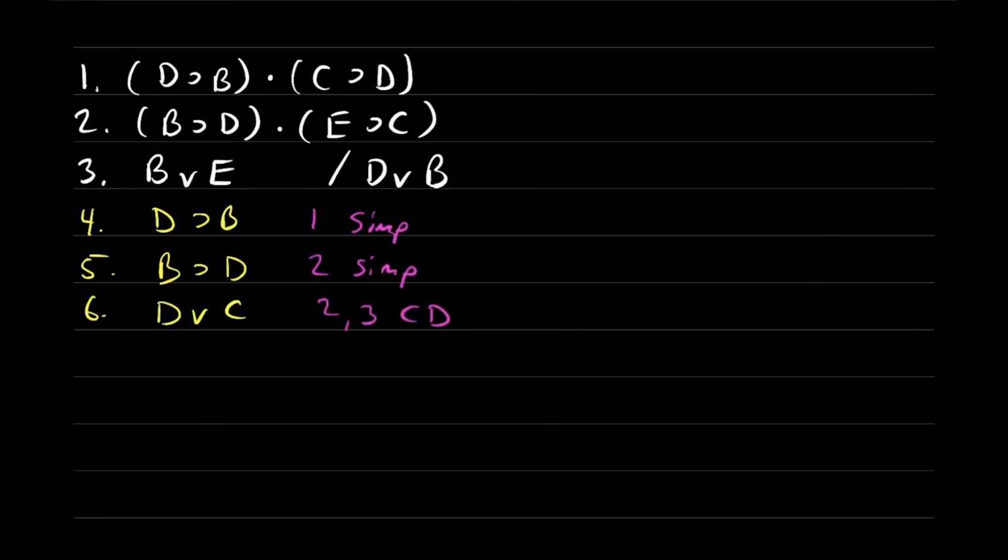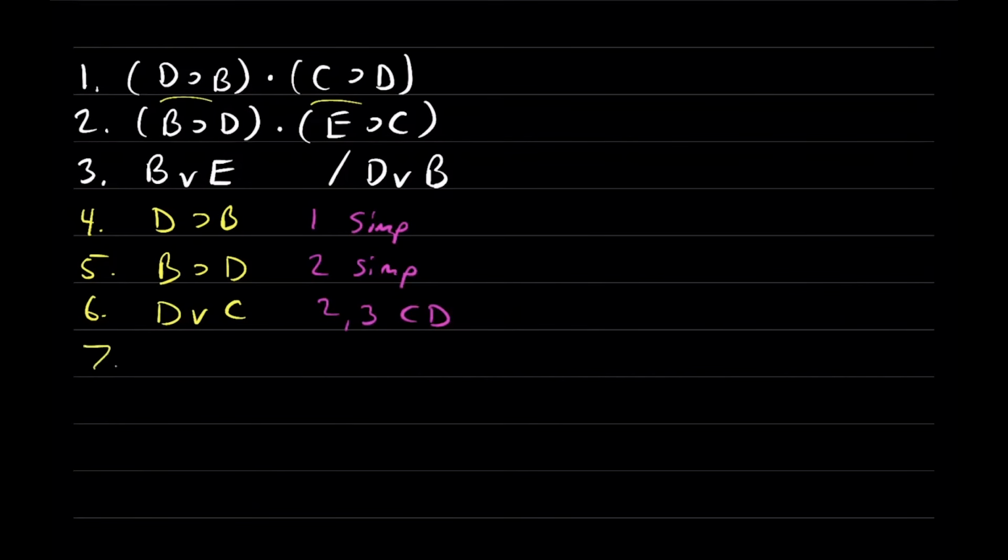Okay, also the next thing I notice now, very similarly, line 6, the line we just added, tells us that one of two things has to be the case. Either D is true or C is true. And line 1 tells us that those two disjuncts each imply something. D implies something here in line 1, and C implies something here in line 1.